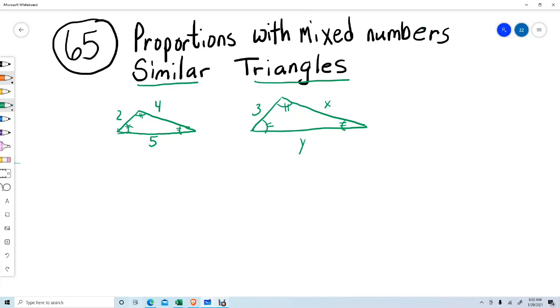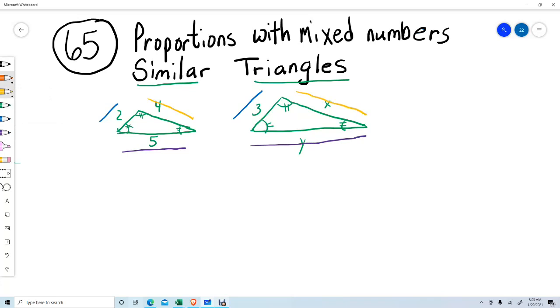So if you kind of see, this side is the same as this side, and this side here, these sides are the same. They're going to be proportional to one another. Okay.